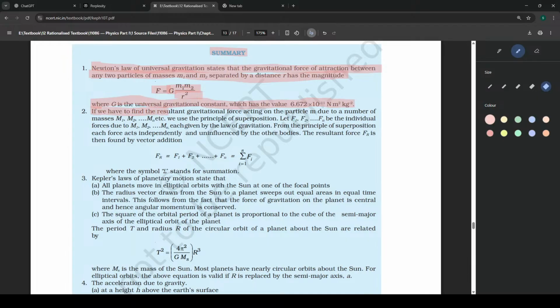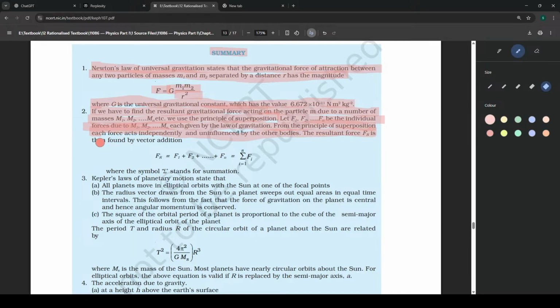If we have to find the resultant gravitational force, this is the superposition principle acting on the particle m due to a number of masses m1, m2, mn, etc. We use the principle of superposition. Let F1, F2, Fn be the individual forces due to m1, m2, and mn, each given by the law of gravitation. From the principle of superposition, each force acts independently and uninfluenced by the other bodies.